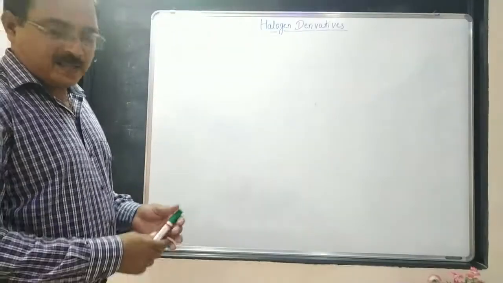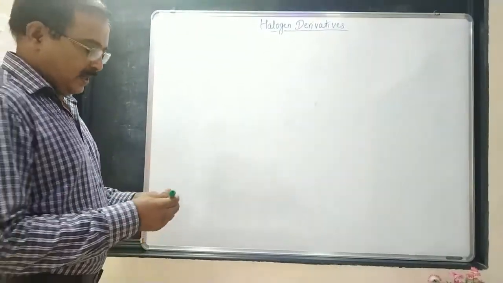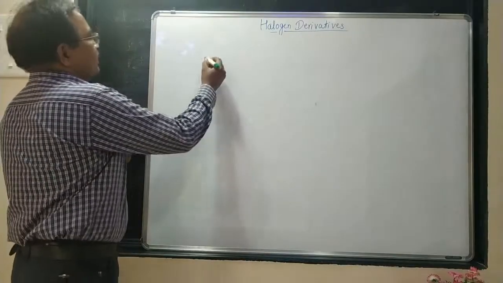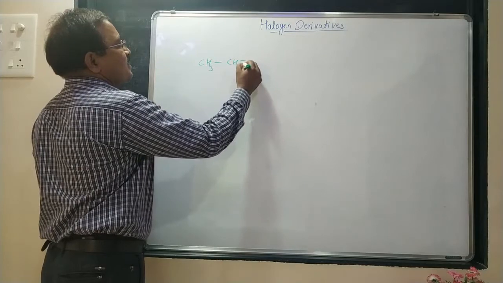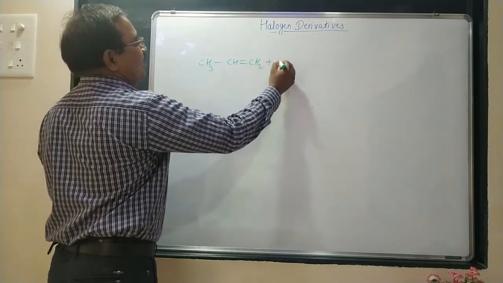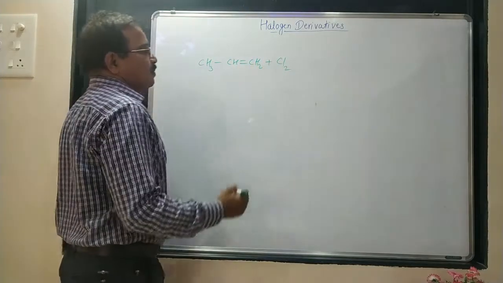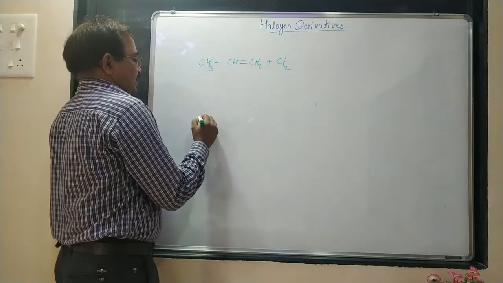Another two typical reactions we will try to understand here. Suppose I have CH3CH=CH2, and I am going to add chlorine.